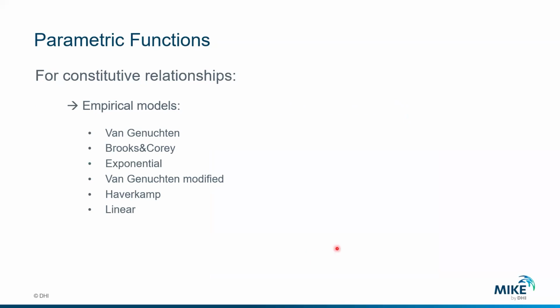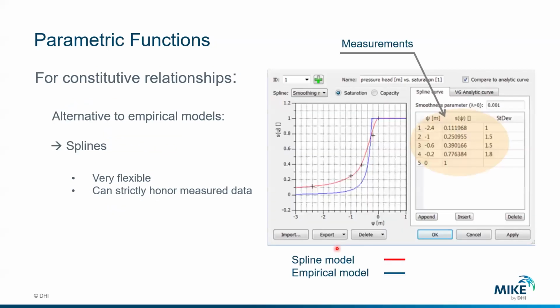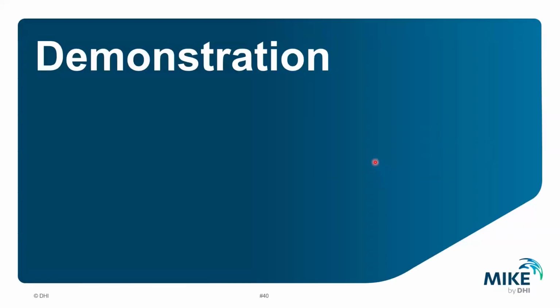So FEFLOW works with a number of empirical models: Van Genuchten, Brooks and Corey, modified Van Genuchten, etc. Or you use what are called spline functions, where you can input data in case you have some laboratory measurements, and then we will do a polynomial fit to this data and you work with this fit instead of the empirical curves provided in FEFLOW.